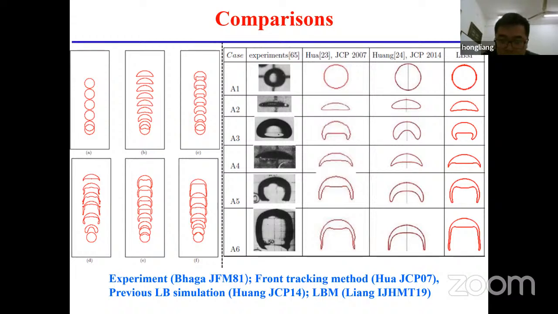We can find that our LB simulation results agree with the experiment and the front tracking method, and are more accurate than the previous LB simulations.